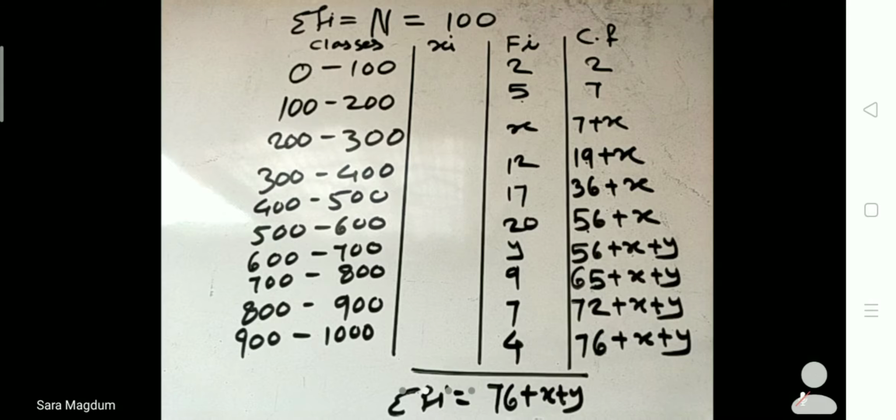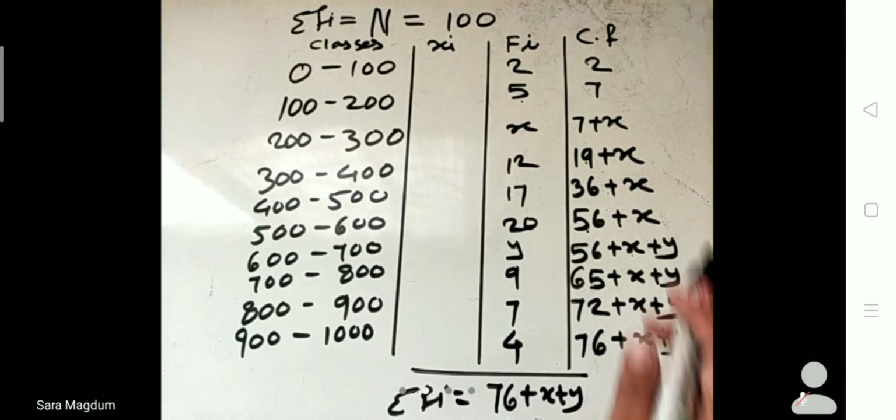In the median formula, what do you need? Cumulative frequency is needed, capital N by 2 is needed. Median class you will find, lower limit of median class is needed, and h, the class width, all these things.